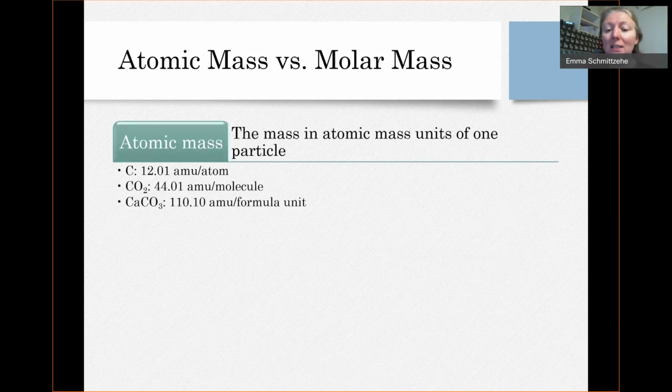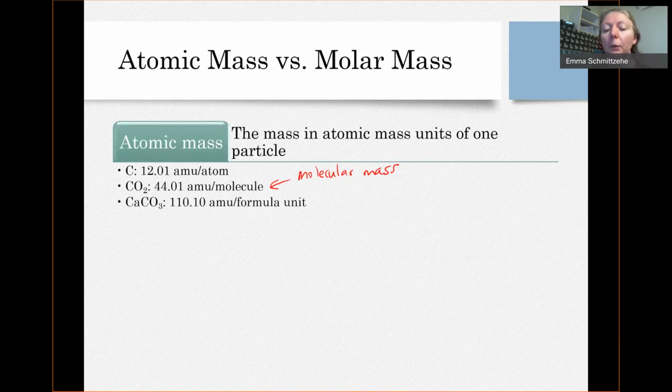Whereas this one for CO2, as I have indicated, is per molecule. That technically should be called a molecular mass, because it's the mass of a molecule, but you can call it an atomic mass. That's what I'll do for simplicity.